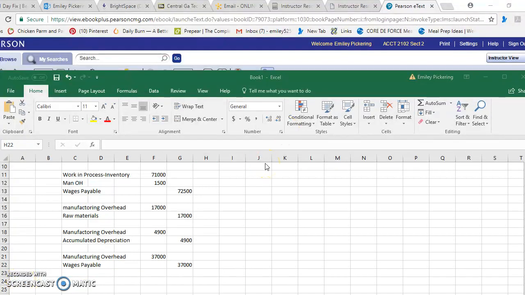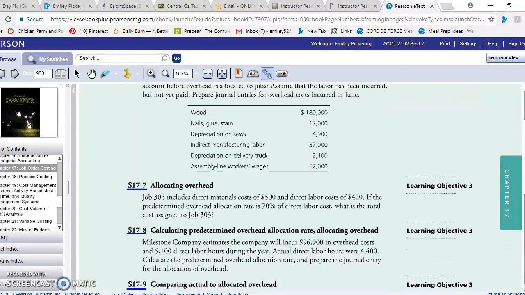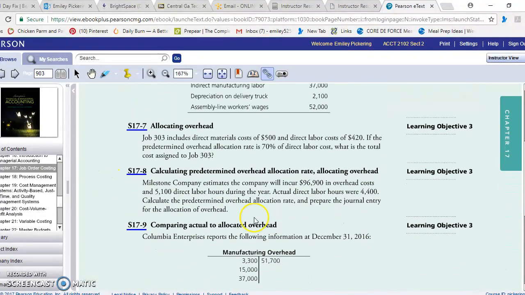The next one that I want to talk about is 8, because we're going to figure out our predetermined overhead rate. With 8, we've got 96,900 in total overhead costs, and we're going to allocate it based on direct labor. I take my total overhead costs and divide it by my total cost driver, which we've determined is direct labor hours.